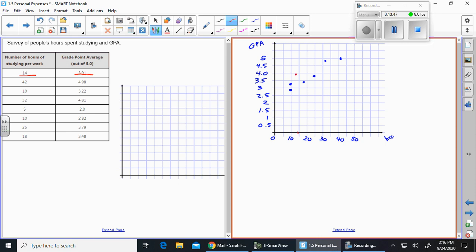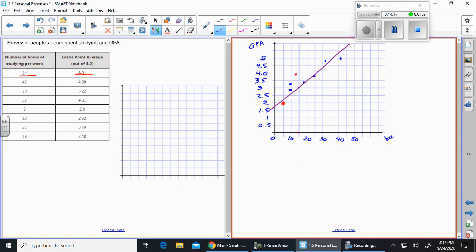So that's really the one that I got erased. 5 hours was a 2.0. And I think 10 hours was a 3, which I got. So there's my data. Now, what's my next step? Draw a line that I think best fits that data. So there's my line.